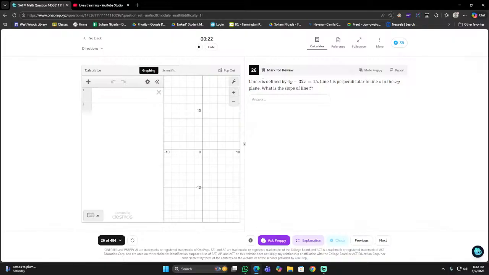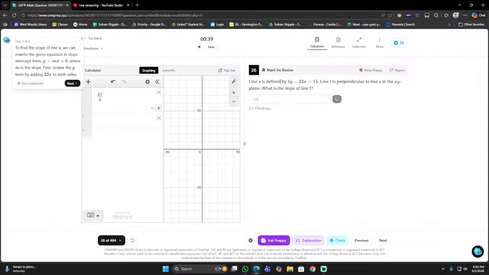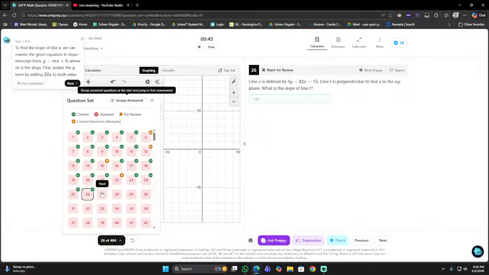Here's going to be 4y equals to 32x plus 15. So what is 32 over 4? Slope is 8, so it'll be negative 1 over 8, the slope. As we say, geniusness. Alright, W.